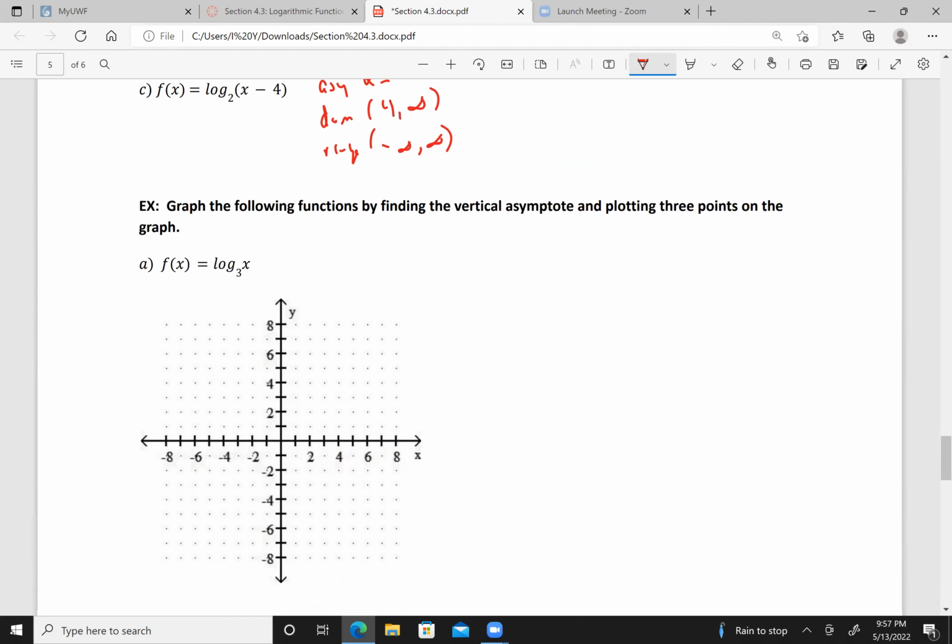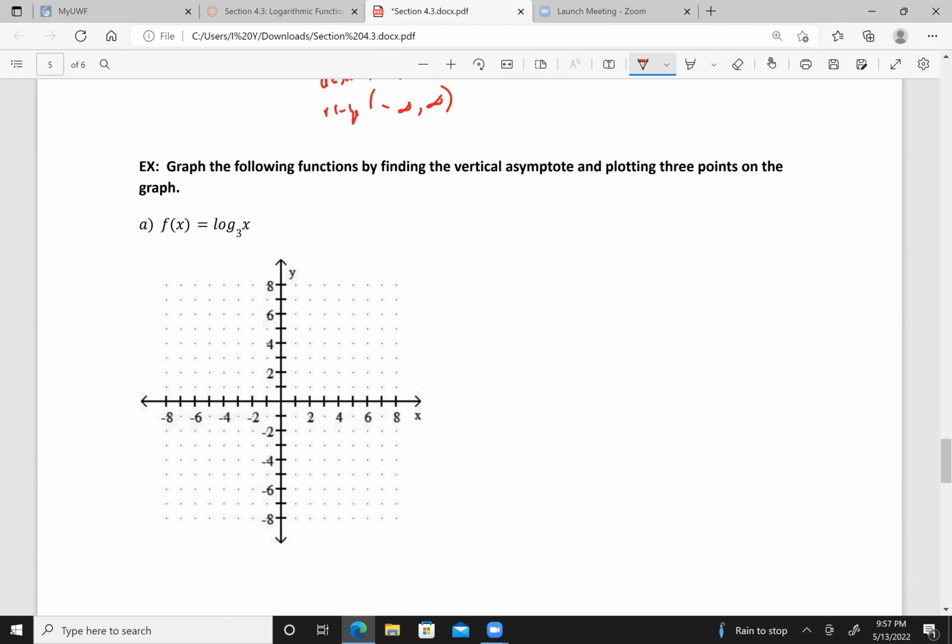Okay. Graph the following functions by finding the vertical asymptote and plotting 3 points on the graph. So this is standard. The vertical asymptote is x equals 0.